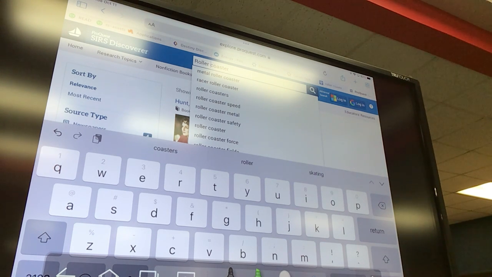Okay? So think about peanut butter and jelly, right? So if I do peanut butter and jelly, it's going to look for, here's my peanut, here's my jelly. If I use the word and, it's only going to look for information with both of those things.